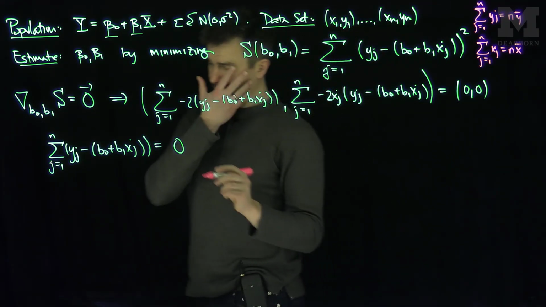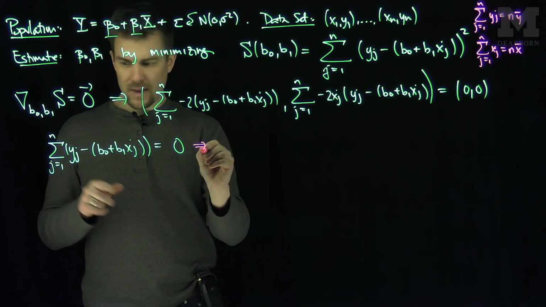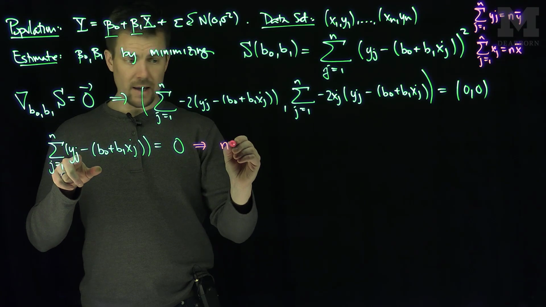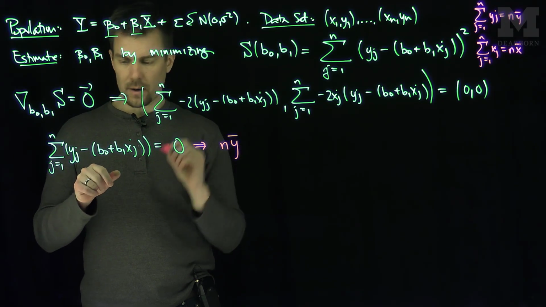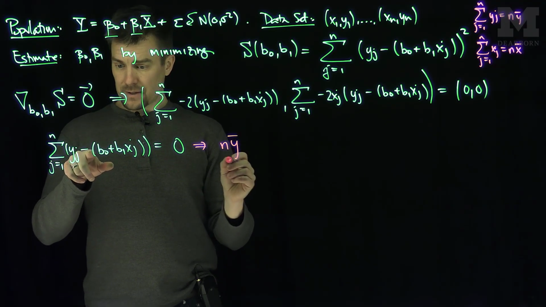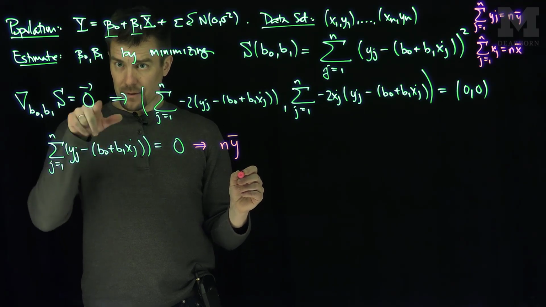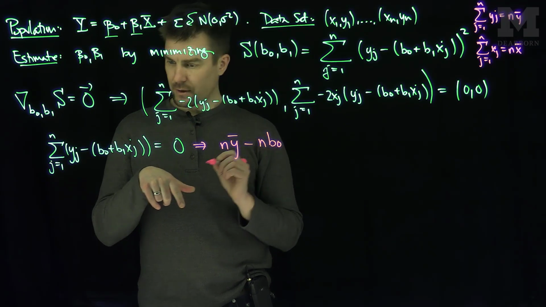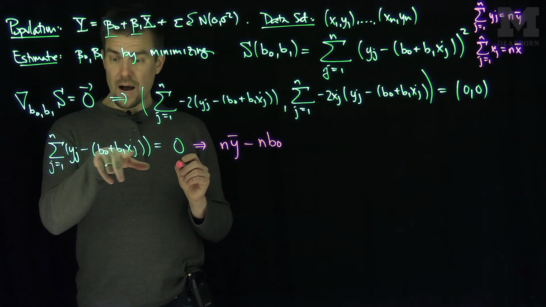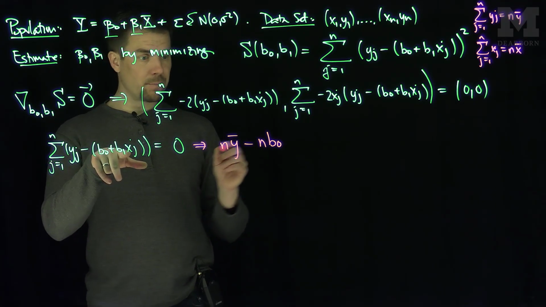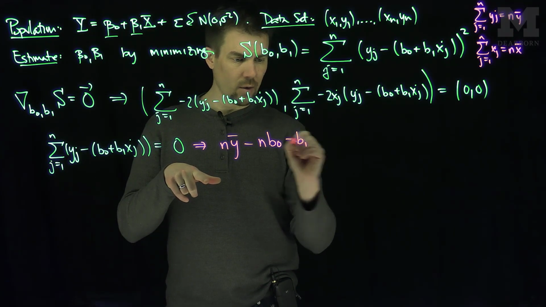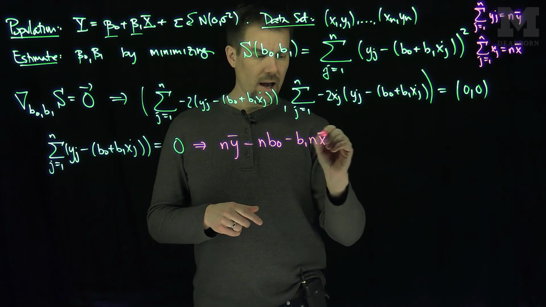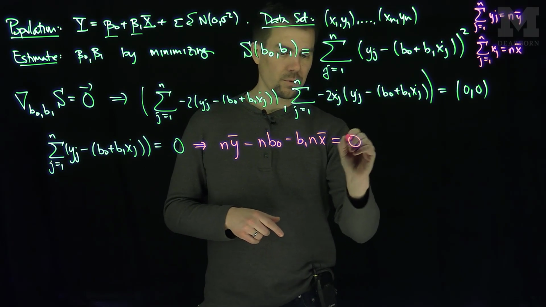The sum of the yj will be n times y bar. Then I have n b0s, because b0 is a constant, so I have minus n b0. Then I have minus b1 times the sum of xj, which is n times x bar. And this has to be equal to 0.